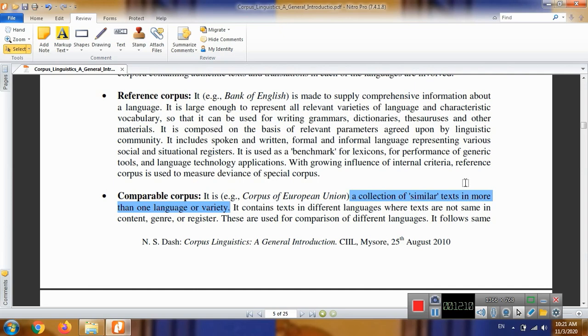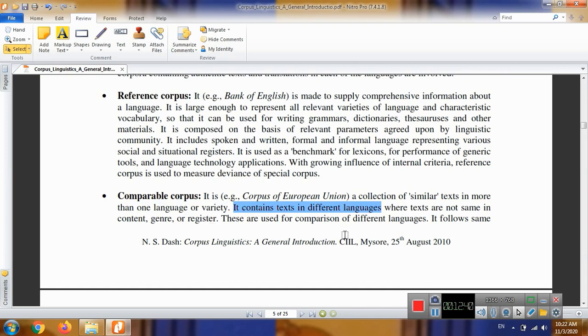Here we have similar texts in more than one language or its varieties. It contains texts in different languages where texts are not the same in content, genre, or register.